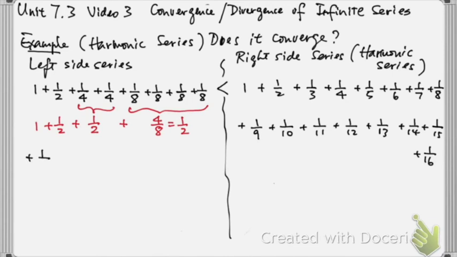I'm going to add 1/16, 8 terms of those. And again, the right side series is still larger than the left side series. And if I add those 8 terms of 1/16 together, this is going to be equal to 8/16, which is again equal to 1/2.